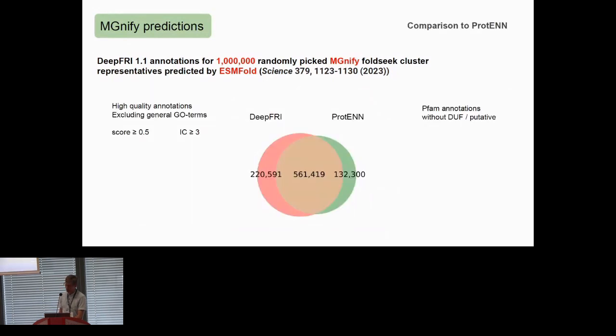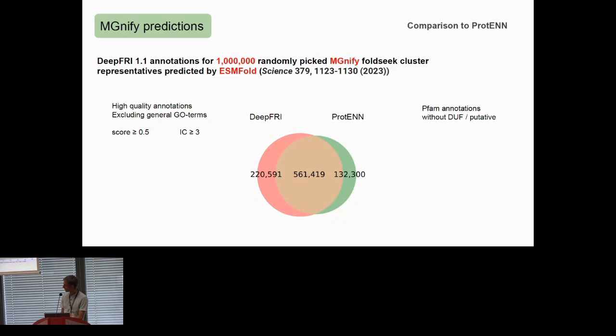We also compared V1.1 to ProtNLM, and on the DeepFRI side, we use only high quality predictions, so scores beyond 0.5, and also with information content at least 3. On the ProtNLM side, we excluded Pfam annotations like DUF and putative.